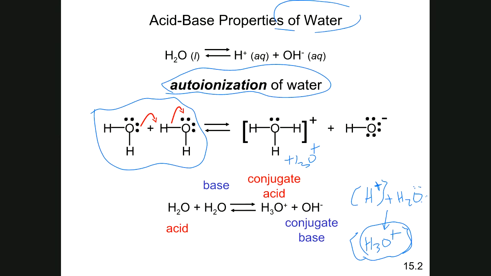It can be used interchangeably, but in any aqueous solution, H plus is not going to survive alone. It joins another H2O in order to survive, so you will get that combination as H3O plus, also known as the hydronium ion.